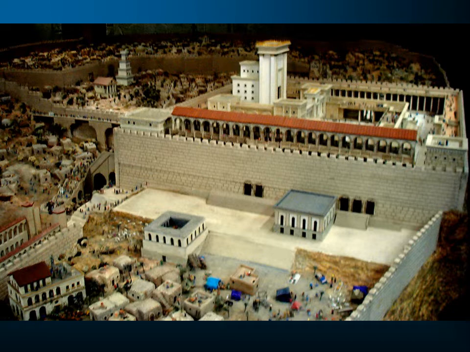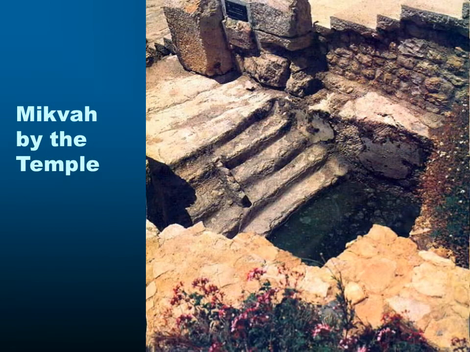You had his and hers, one for the men, one for the women, because before worshipers could go up to the temple complex, they had to go through a ceremonial washing to make themselves ceremonially clean. Here is one of those mikvot that is on the south side of that temple. There are a number of them that have been uncovered.